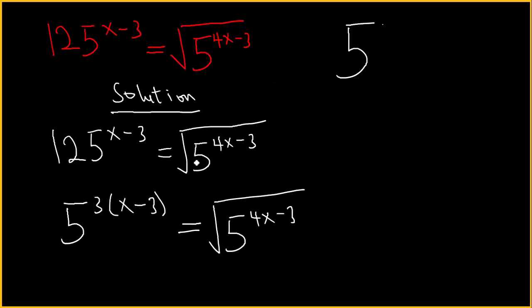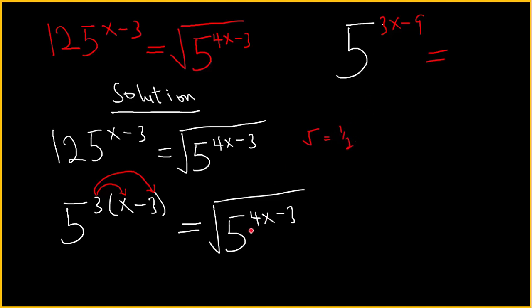So we have 3 multiplying x, then we have 3x, we have 3 also multiplying negative 3, it gives us negative 9, equals, now we also know that square root means to the power half.